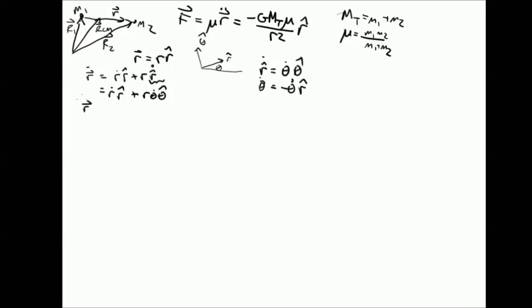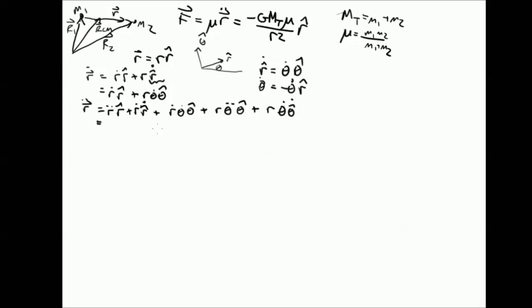Now if you take two derivatives, then we do this again. So r double dot r hat plus r dot r hat dot, plus, so there's three things I have to do, the first one plus the second one, which is r theta double dot theta hat, plus the third one, which is r theta dot theta hat dot.